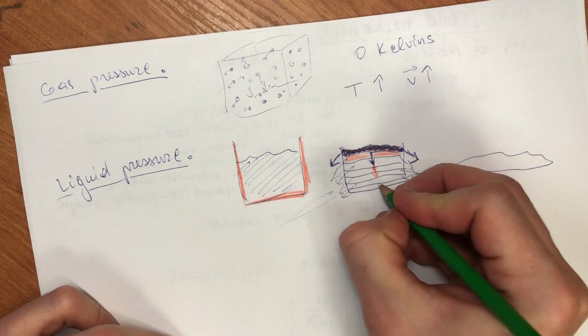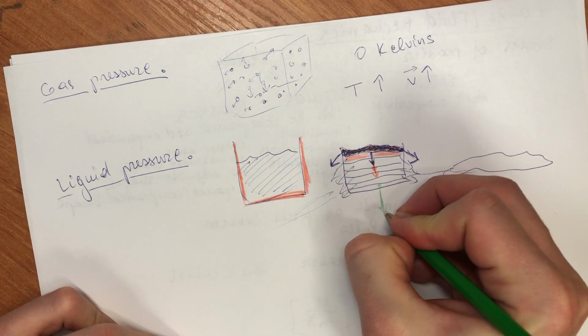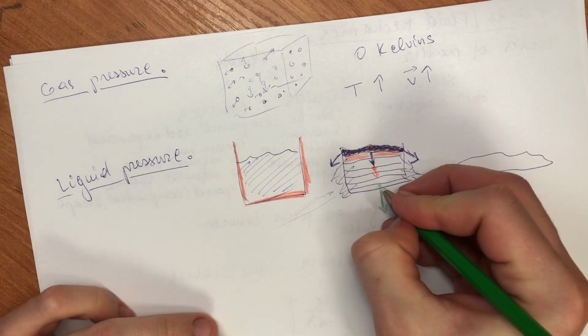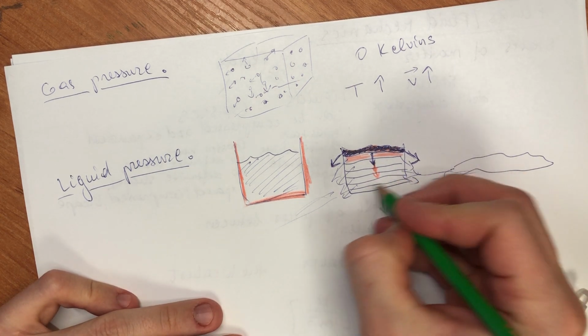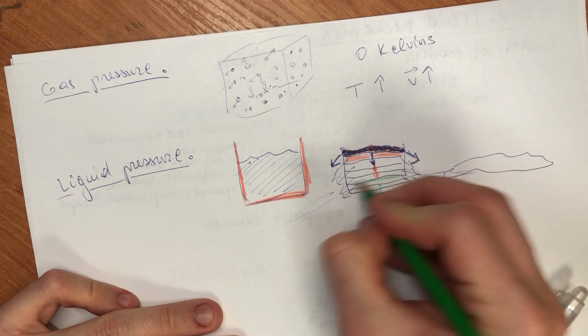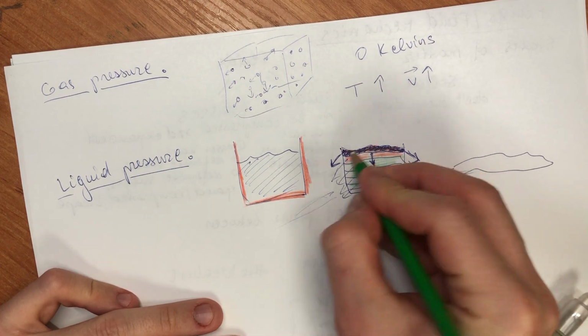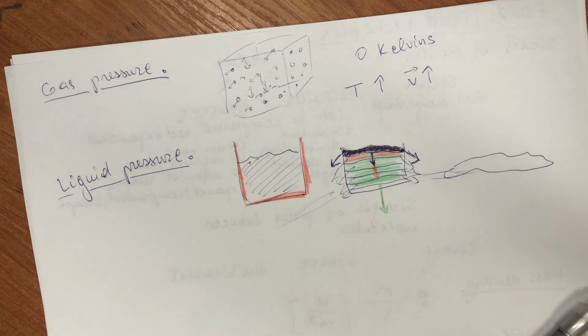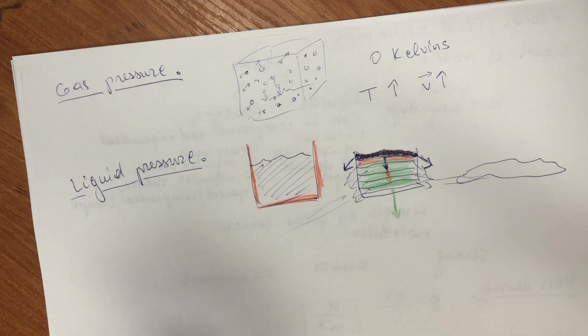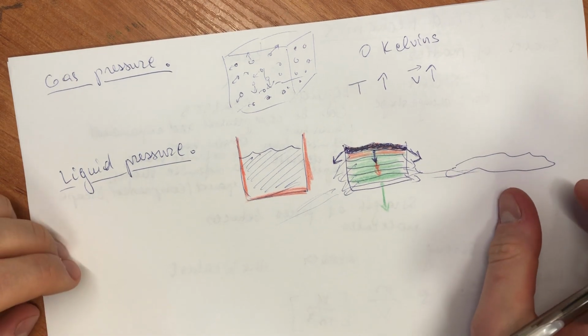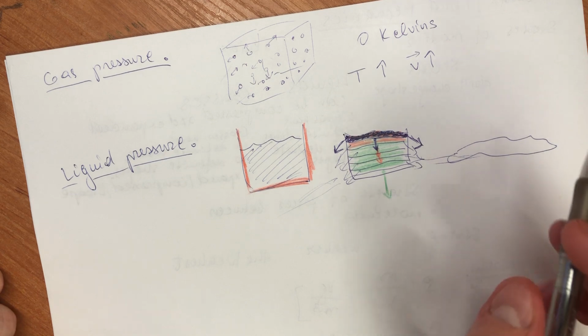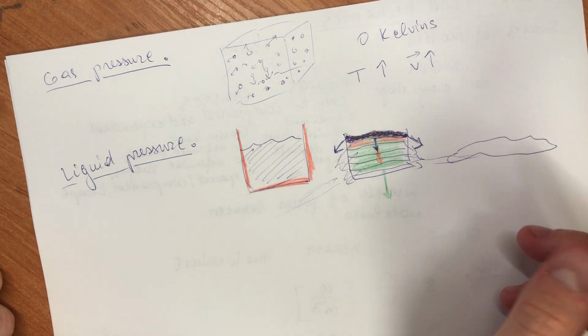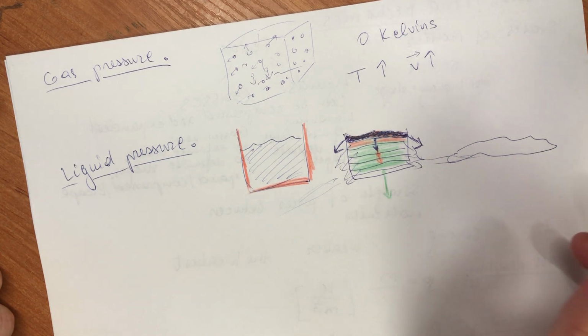The weight on the layer closer to the ground consists of all the weights of all these layers. So the weight adds up, and therefore, as you go deeper into the water, into the pool or into the sea, you feel this pressure, and this pressure increases.